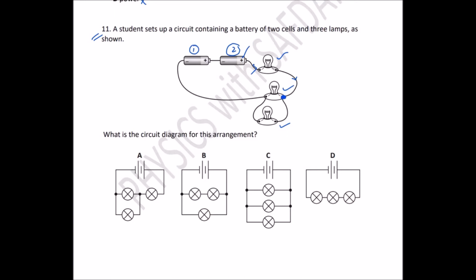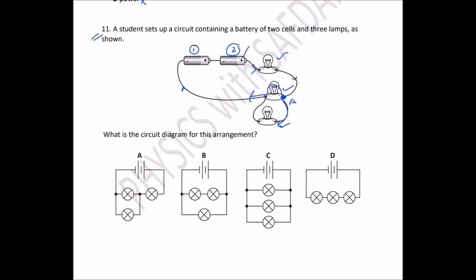When the current reaches this point, the current divides. Some current goes through this lamp and the rest in this path. So this is the point, let's suppose A. At this point the current divides. When the current divides, then components are called parallel. So the last 2 lamps are in parallel combination. Then current returns to the negative terminal of the supply and completes its round.